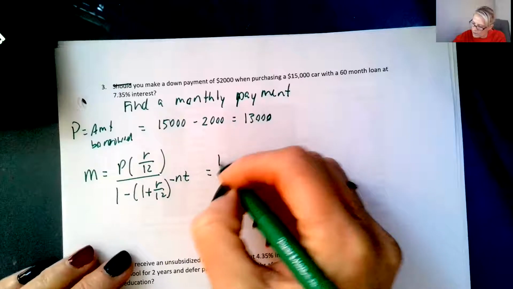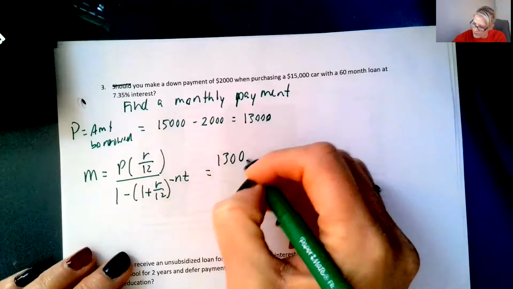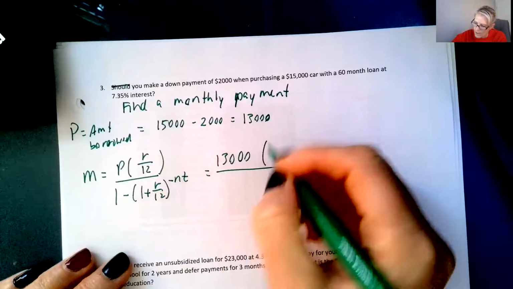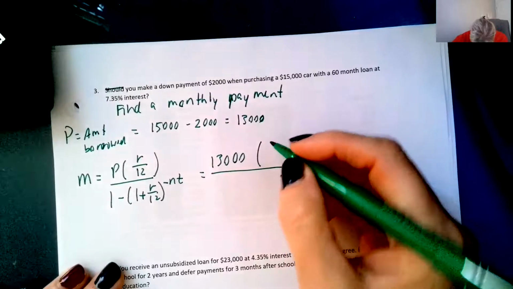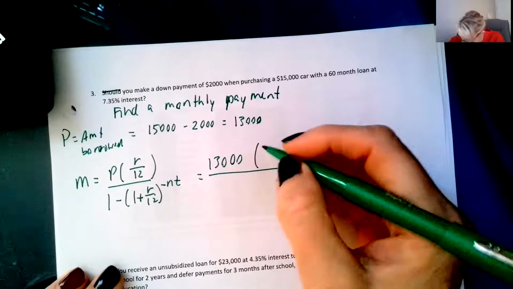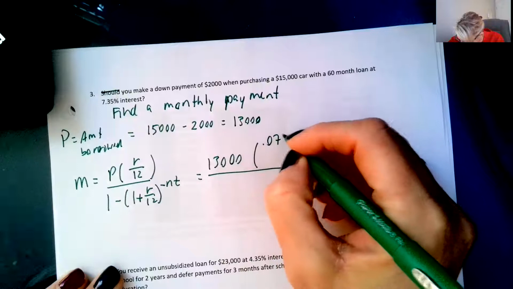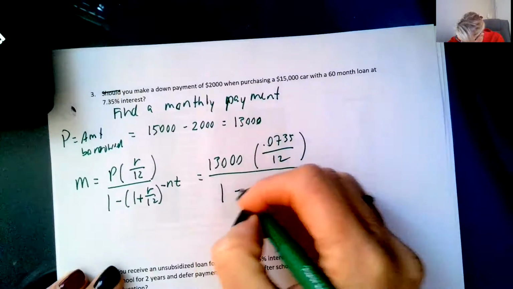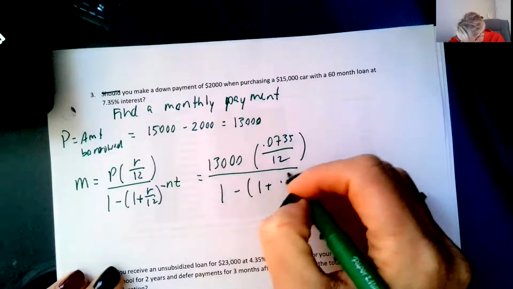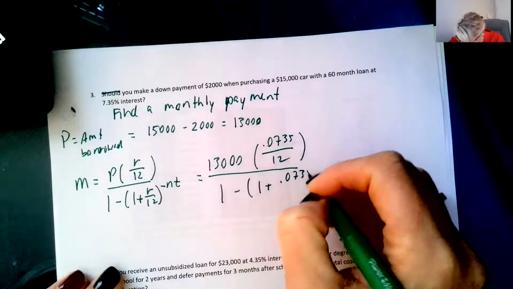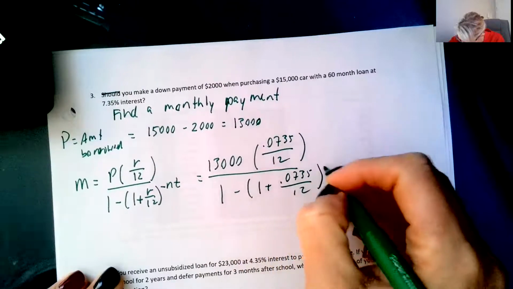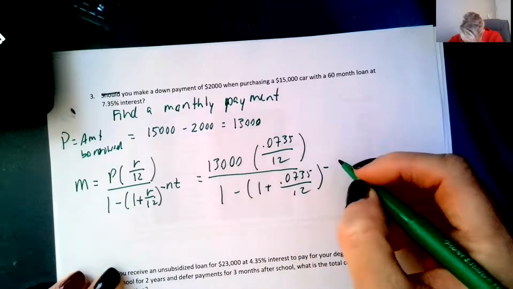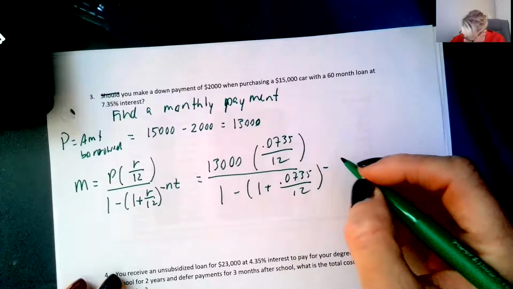So we're borrowing $13,000, and the rate is 0.0735 over 12, minus 1 plus 0.0735 over 12 to the negative, and then it said 60 months.